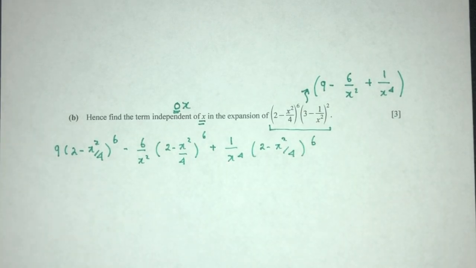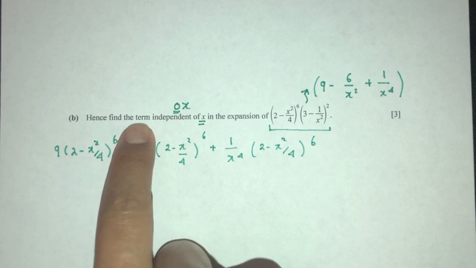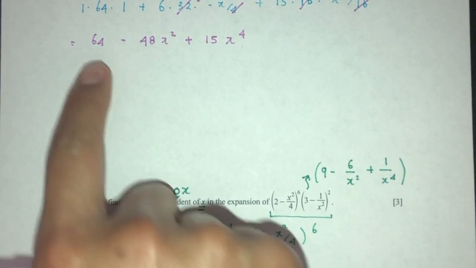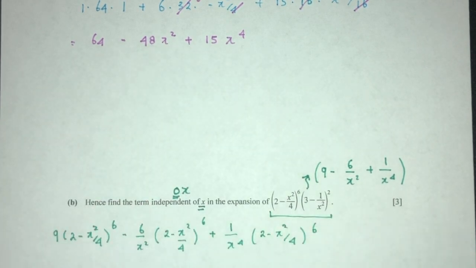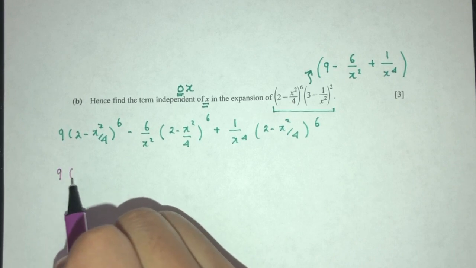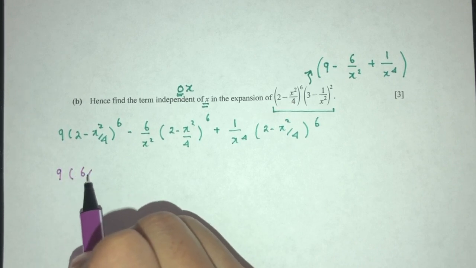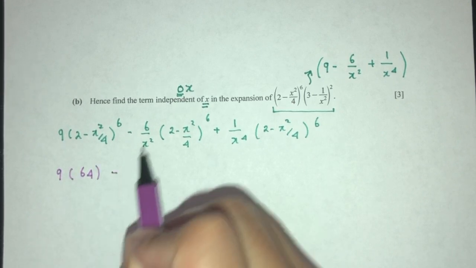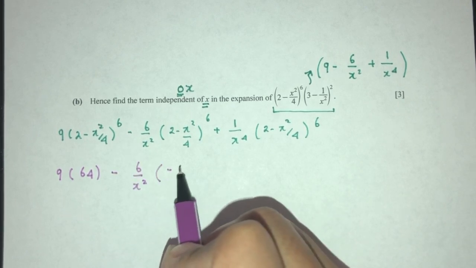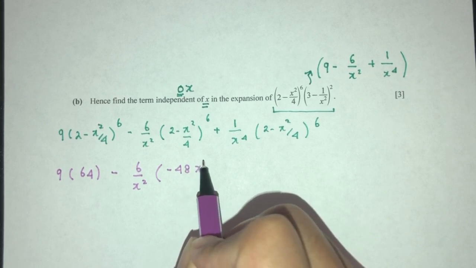But now here in this expansion, we only care about the term with no x. So let's choose. We know this is the first 3 terms of this expansion, so we can use that to solve this. If I take 9, I have to multiply by a constant, 64. So we have no x. Here we have 6 over x squared. We have to choose the one with the term in x squared.